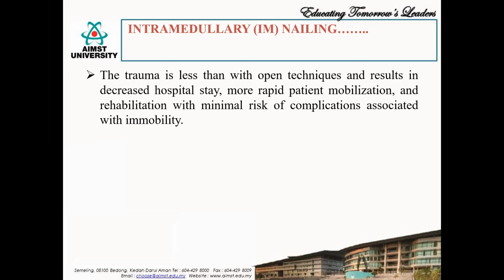Here, with intramedullary nailing, the trauma is minimized, and we can decrease the hospital stay. So this is safe compared to plates and all. With intramedullary nailing, more rapid mobilization can be done, and the risk of complications is also very minimal.